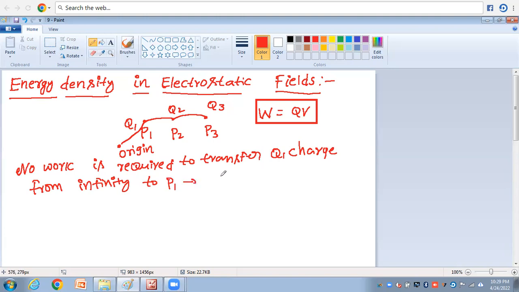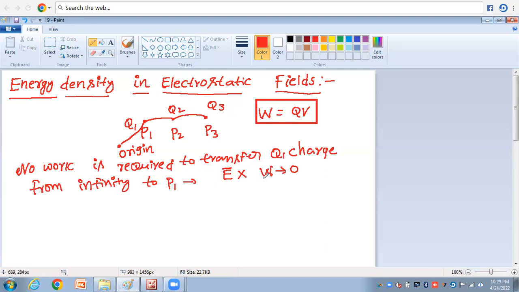There is no electric field. Then what about the work done? The work done W tends to 0.